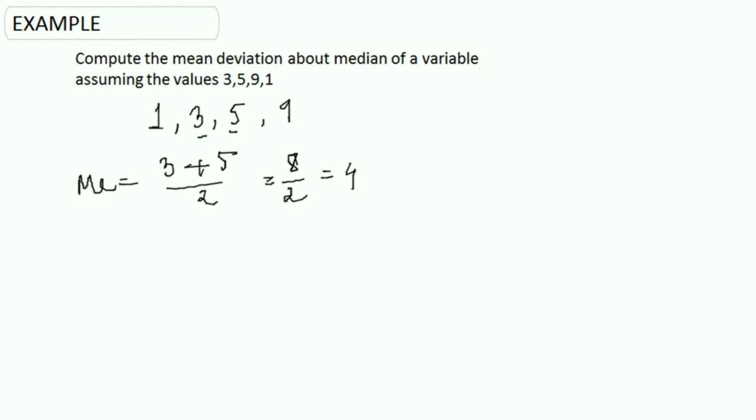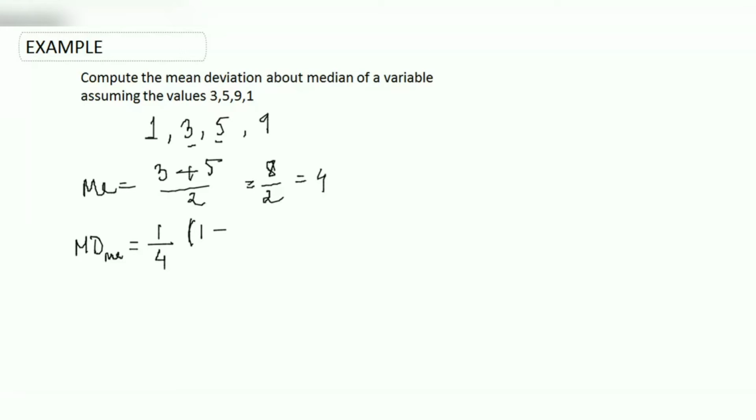Now the mean deviation about median, denoted by MD_ME, is equal to 1 by n, where n is the total number of values, and here the total number of values is 4. So 1 by 4 summation of mod of 1 minus 4, plus mod of 3 minus 4, plus mod of 5 minus 4, plus mod of 9 minus 4.